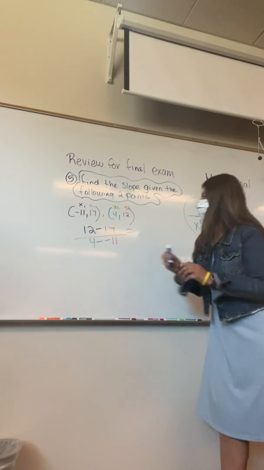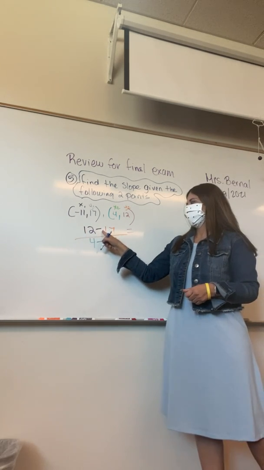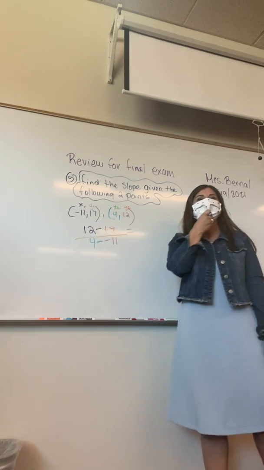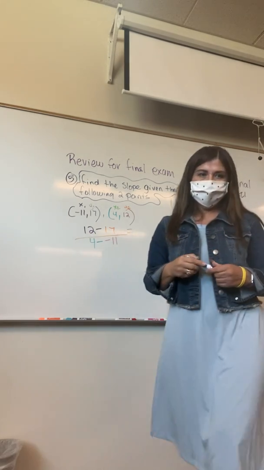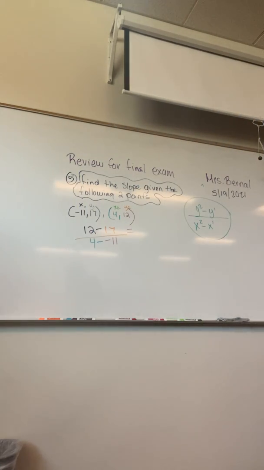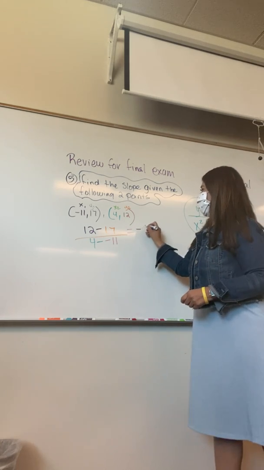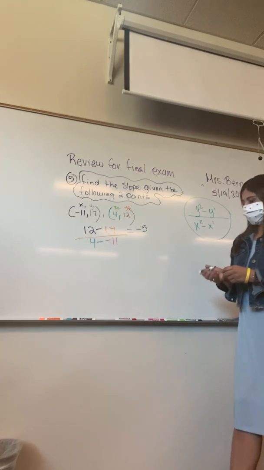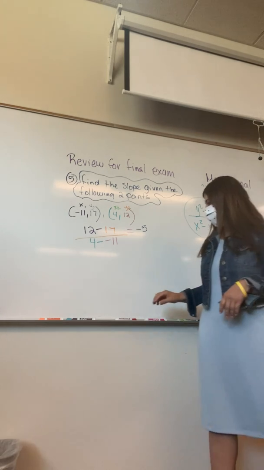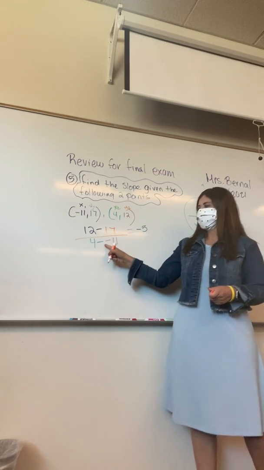Okay, so now we have a positive 12 and a negative 17, right? So we have different signs. So how much is 12 minus 17? That's -5. -5, very good, okay? The second one, when we have two negatives together, what is this?